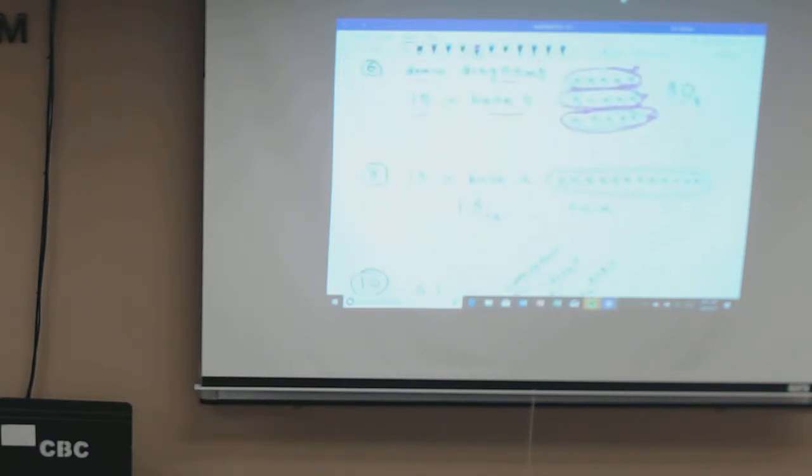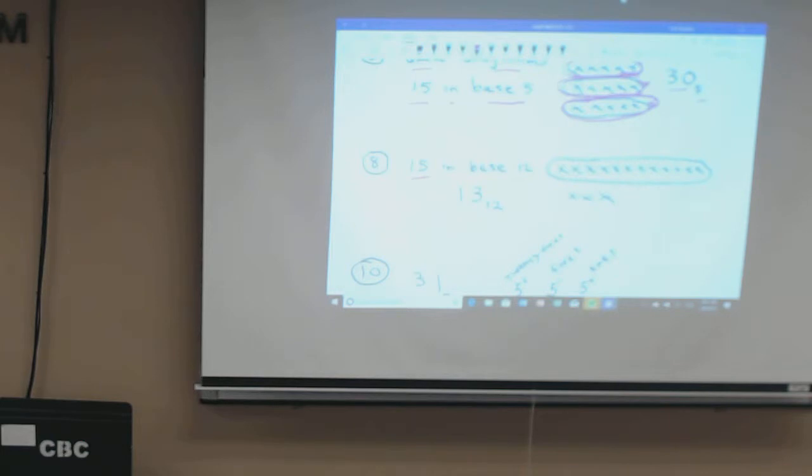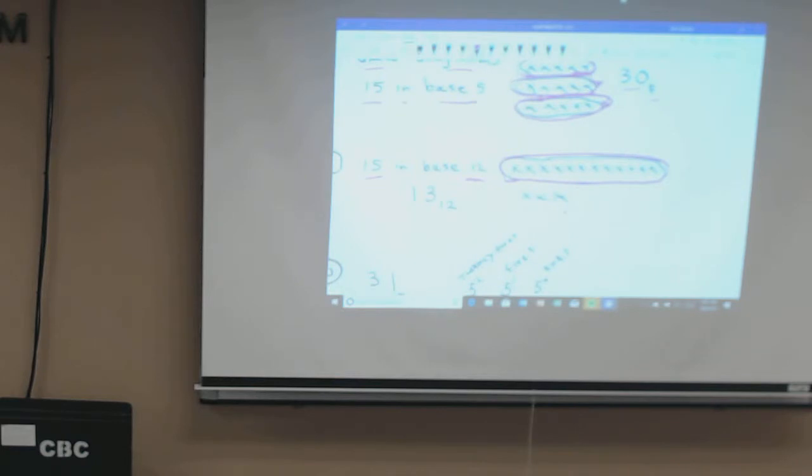Let's do 15 in the base 12. So now I put 15 x's up here, but I put a group of 12 together because that's the base we're working with. And then if that's 12, then I have 1, 2, 3 to make a total of 15. You follow me? I could have just stuck 15 x's in a line and then circled 12 of them and then see what's left.